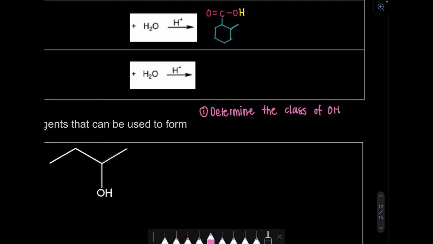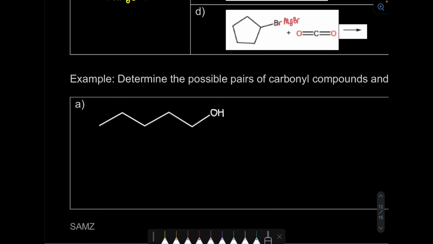Because from here we can determine what our carbonyl is. Because methanal will form a primary alcohol, aldehyde will form a secondary alcohol, and ketone will form a tertiary alcohol. So that's why we have to determine the class of OH. So actually we can work it in reverse. Okay, so let's look at example E.